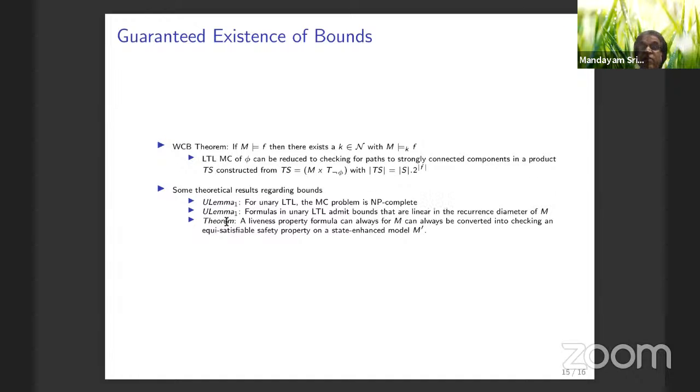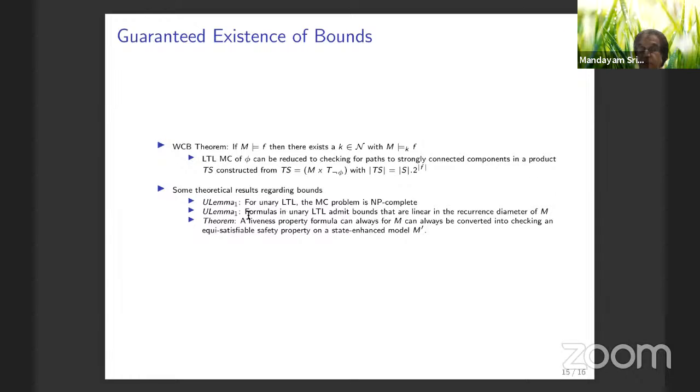Okay, and that kind of indicates that maybe for the unary subset of LTL, they must admit more reasonable bounds.